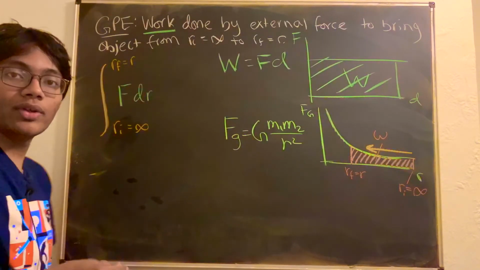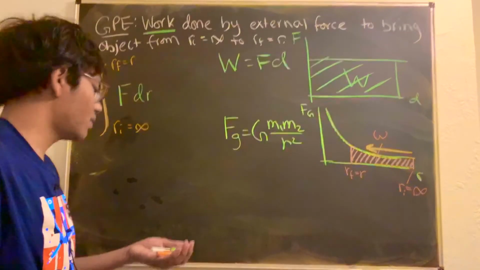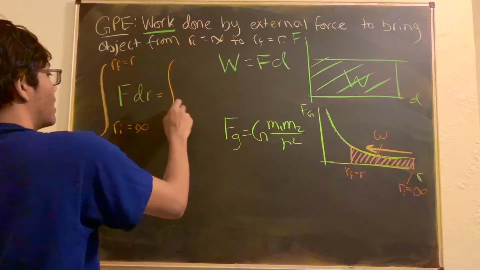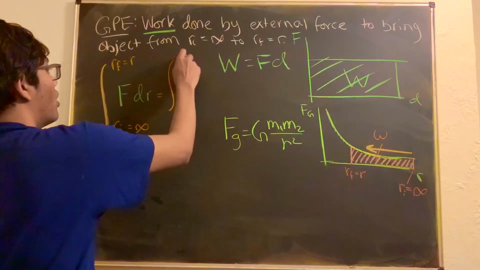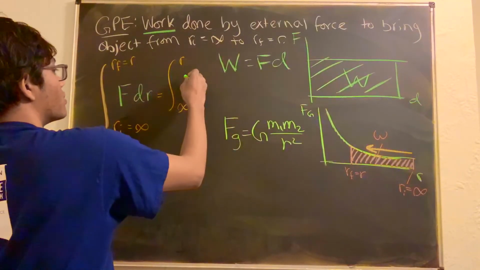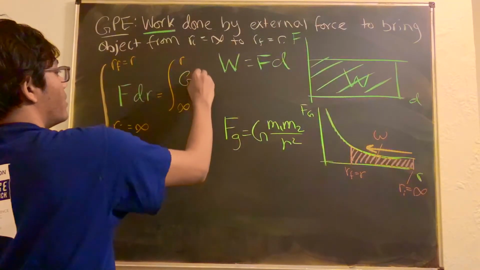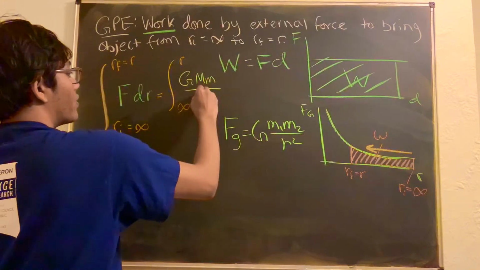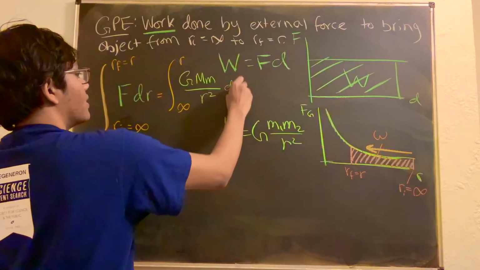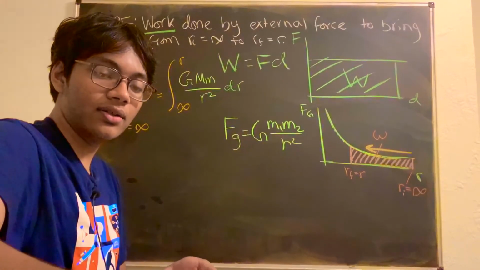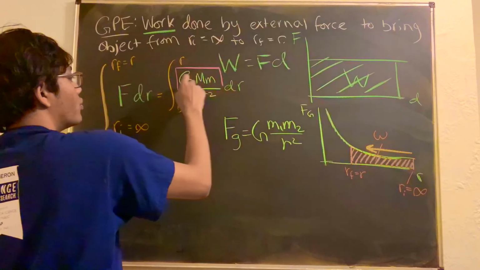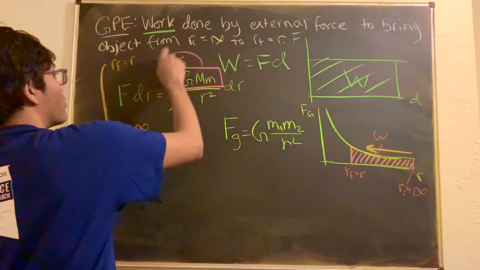Okay, so now we can go ahead and expand here. What are we going to expand to? Well, we know what f is, right? So we're going to have infinity to r. Instead of writing f, I can just write this equation right here: G big M small m over r squared, and then I can write dr on the outside. Now notice what I have right here: this whole thing in the numerator is a constant, so I'm going to pull that out.